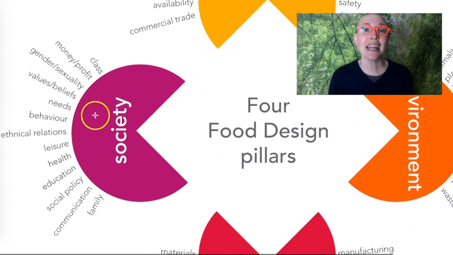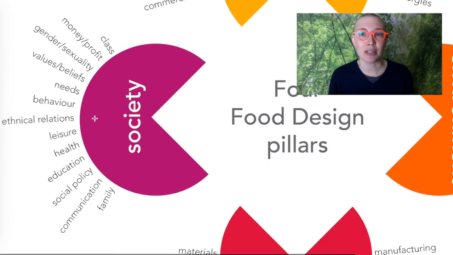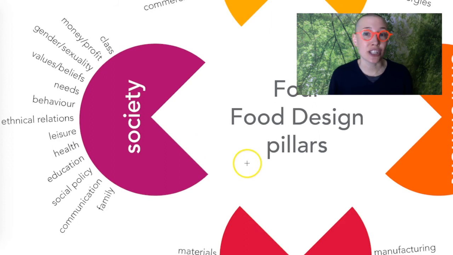The second pillar is society. It is likely that the food element of your project, as well as the service in which it is given to customers, and the overall system in which it sits, will impact in various ways individuals, communities, and society.